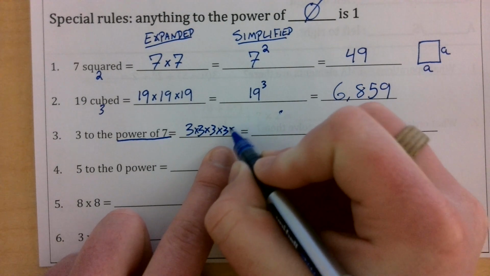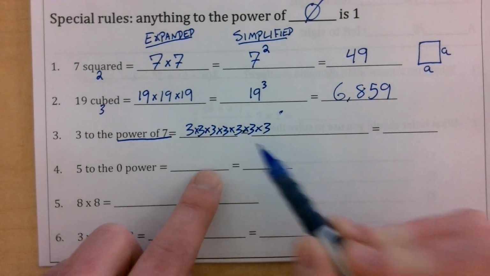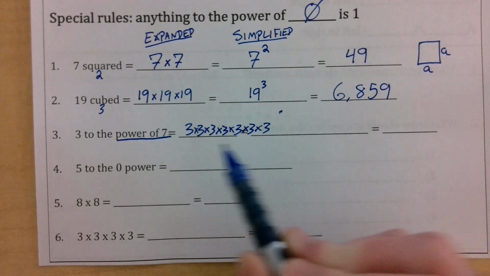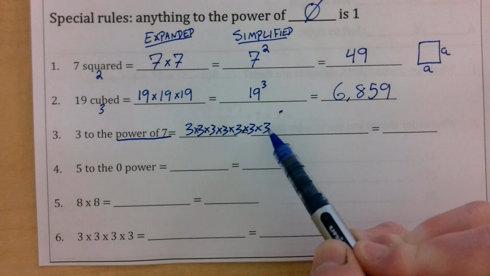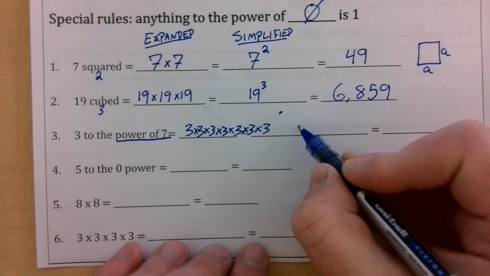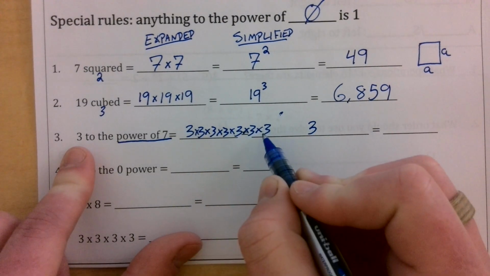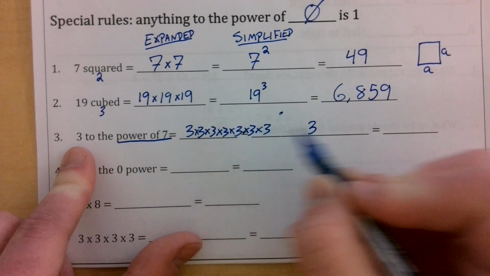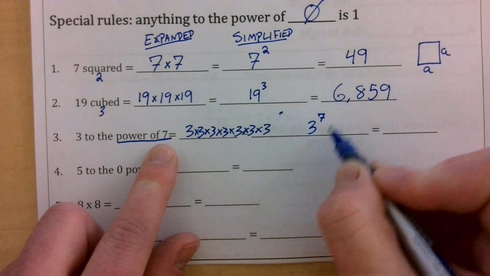There's 4, 5, 6, 7. And I didn't give us quite enough room there, and that's okay. So there's 1, 2, 3, 4, 5, 6, 7. Our base is 3. So there's expanded form. To simplify it, my base is 3, my power is 7, that's the little number in the corner. There's my simplified form.